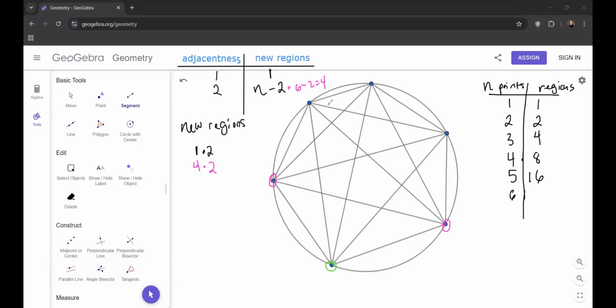So how many lines do we cross? This point has n minus 1 lines coming off of it, but we're not going to cross all of those lines. The lines that we don't cross are these 3 orange lines. So we don't cross 3 lines.